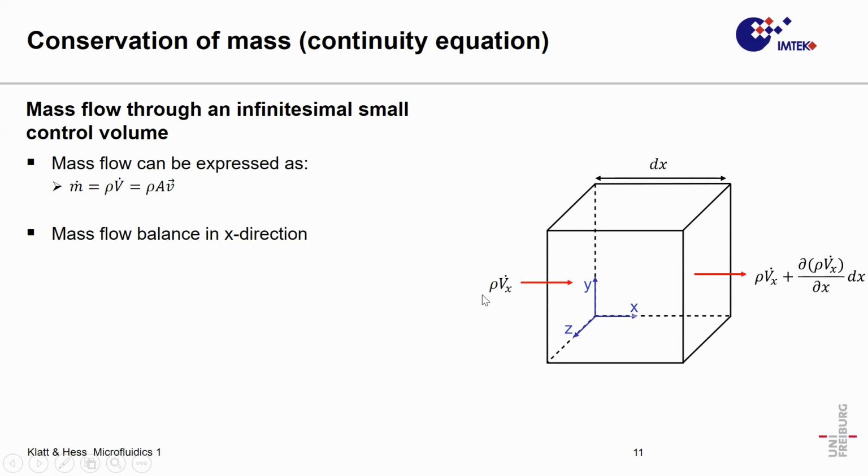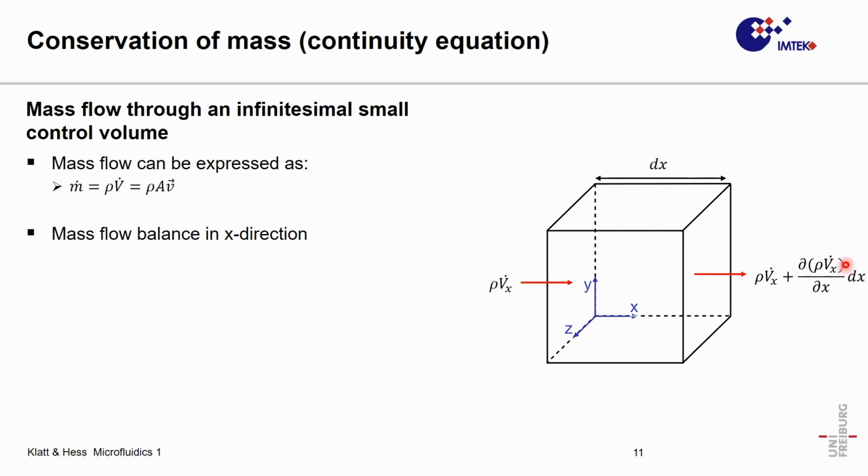Here, the mass flow inside our control volume can be simply expressed by the density times the volume flow in x direction. On the other side of our control element, volume flow will leave our control volume. And here we have the same term, the density times the volume flow in x direction, plus an additional term. And this additional second term equals the change of the mass flow in x direction inside the control volume.